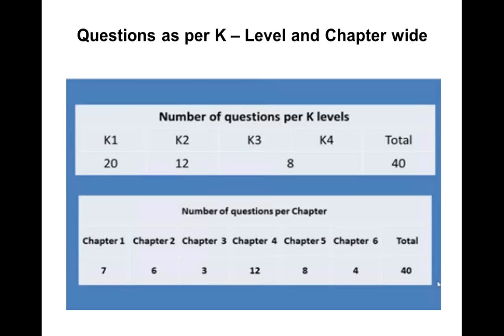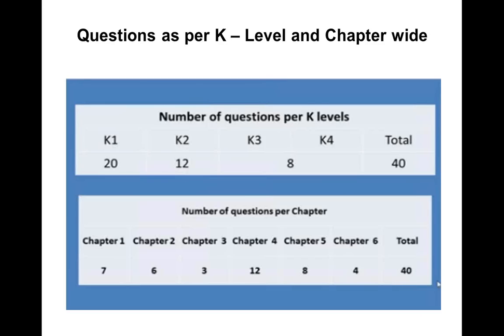K3 and K4 are a little bit critical, where you need to apply your knowledge, analyze a situation, apply and reuse. So together K3 and K4, you will get 8 questions. So in total, you will get 40 questions, as I told you. And to get through certification, you have to at least pass 26 questions. Okay, anything beyond that is good.